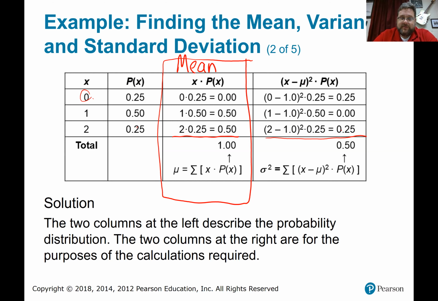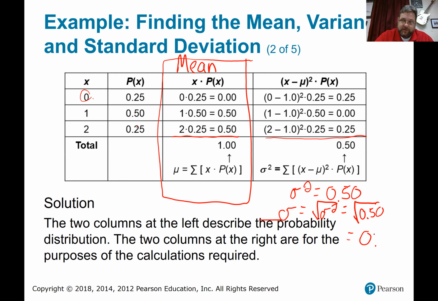So this means that sigma squared equals 0.50. Sigma is the square root of sigma squared, which is the square root of 0.50. And consulting down here where I have this worked out, that's 0.7.